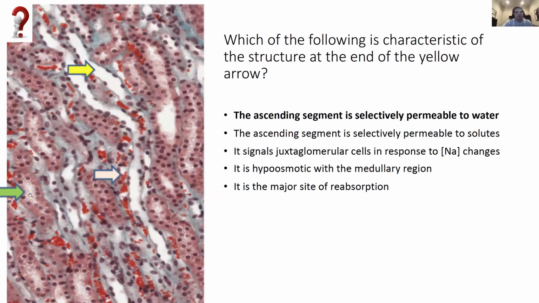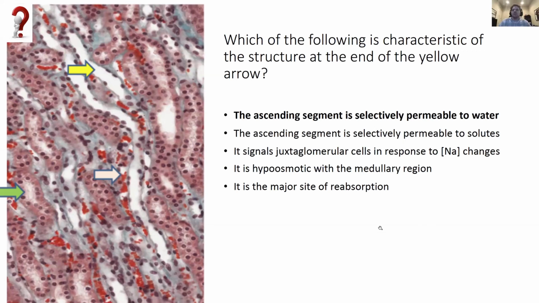So the green one would be like the collecting duct, right? Mhm. And then the beige one is the vasa recta. Which answer choice did you say was DCT? Juxtaglomerular cells, yeah. Isn't that macula densa cells?